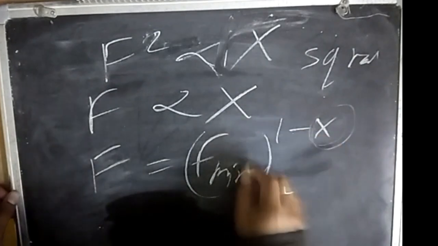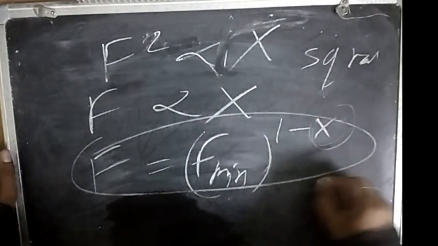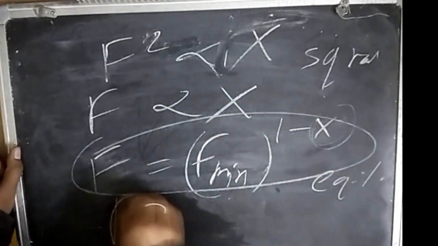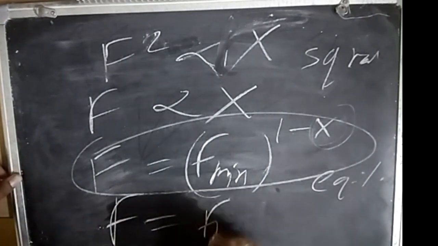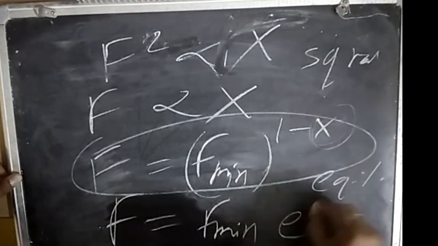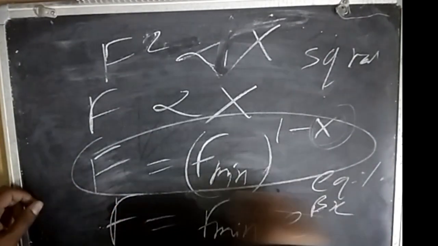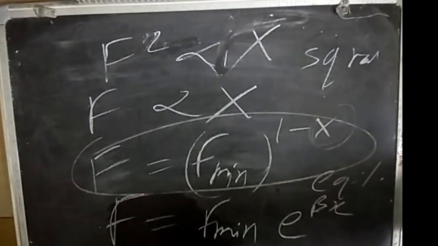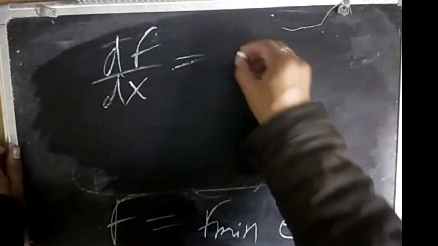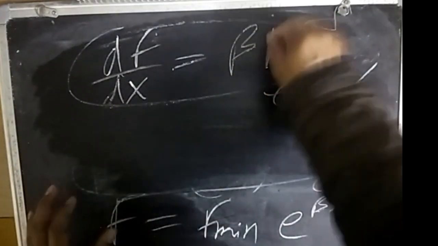So one is this relation for equal percentage, and another relation is F equals F min e raised to power beta X. Depending on whatever is given, we can find this. Here df upon dx is equal to beta into F. So this is for my equal percentage. The derivative is beta into F.